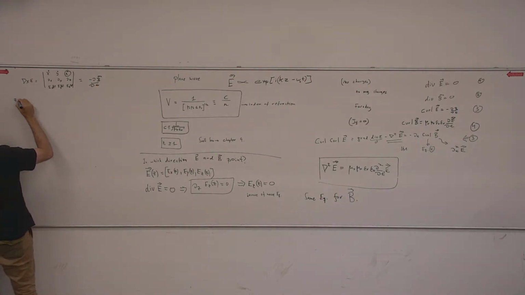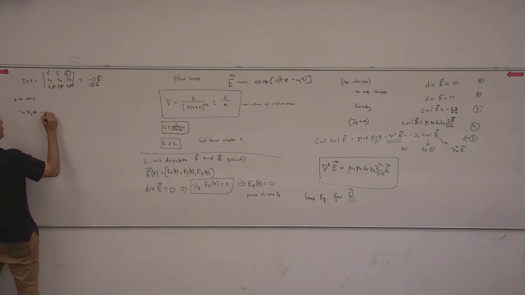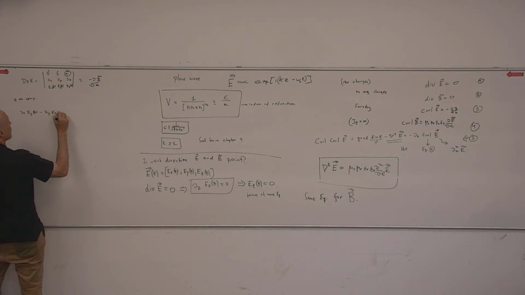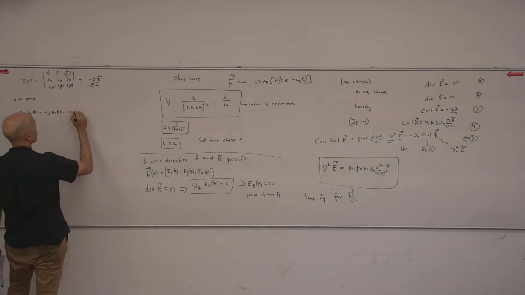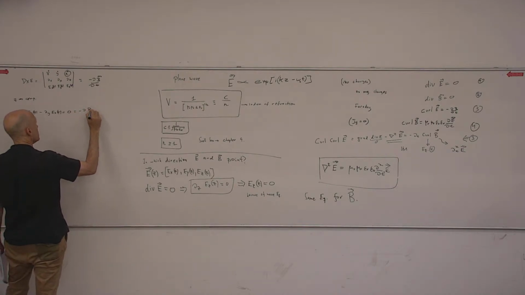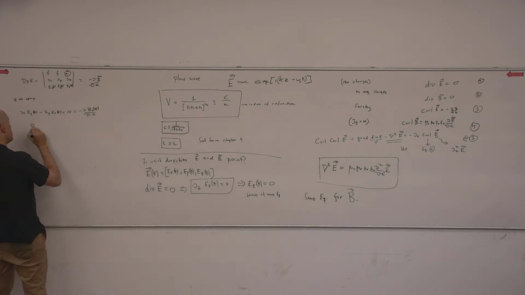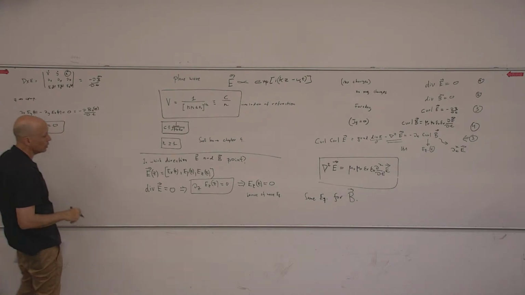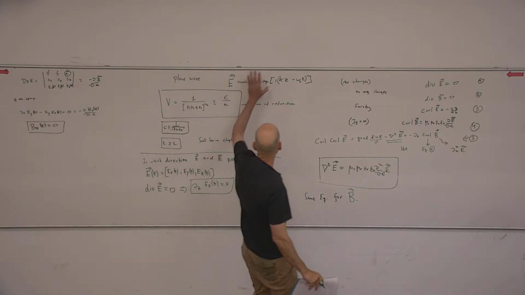In the z direction, z component, what do I have? You see that you have d/dx Ey minus d/dy Ex, but this is equal to 0, and this is equal to minus dBz/dt, and that's why Bz is equal to 0, again from the same argument as before, because the waves are this type of solution.